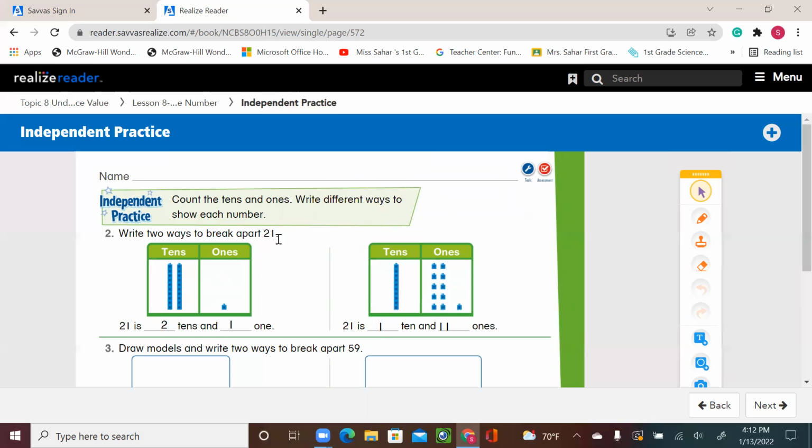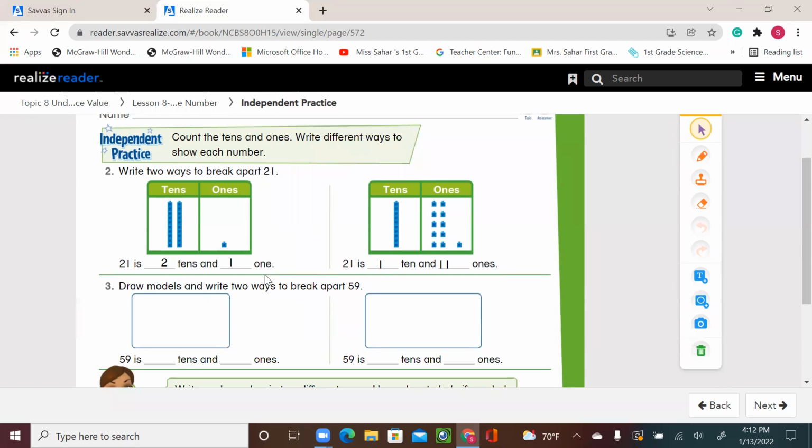And the total is still going to be 21. 10, 11, 12, 13, 14, 15, 16, 17, 18, 19, 20, 21. So I have the same number when I break the tens into ones, or when I add all the tens together and the ones together.